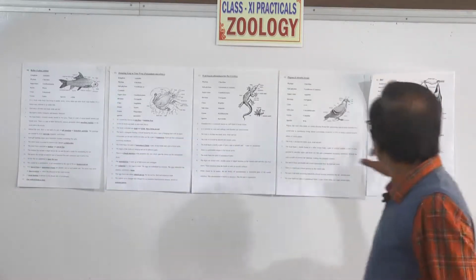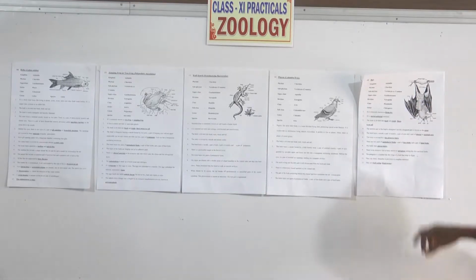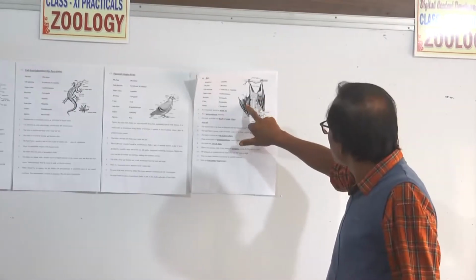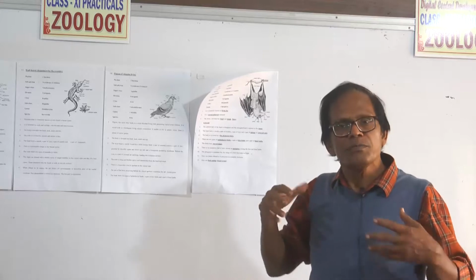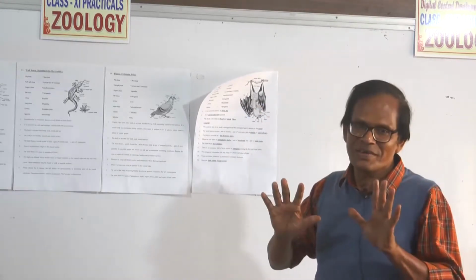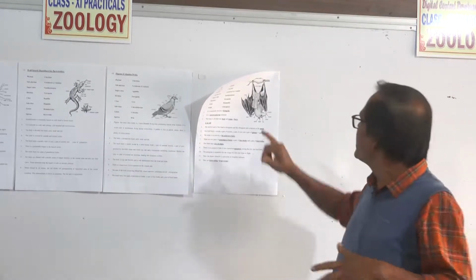So this is an aerial mammal, a flying mammal. In addition, how does it fly? Birds have wings of feathers. Here feathers are not present. Feathers are unique characters to birds only.